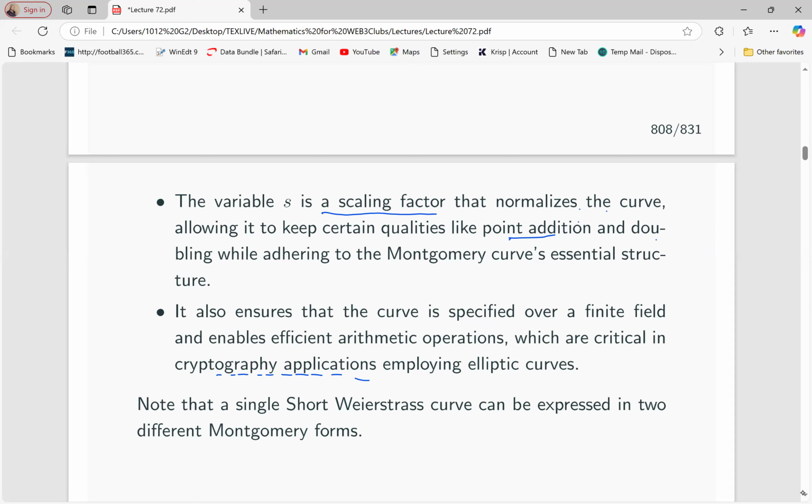We don't want arithmetic that would not be efficient. Of course, we want security, and to ensure that you have that security, everything you are doing should be done efficiently, especially the arithmetic and so on.